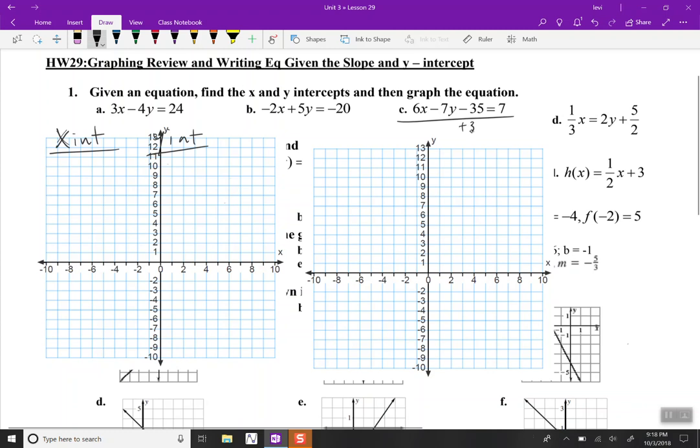Let's add 35, and so our equation is really 6x minus 7y equals 42. For our x-intercept, we'd say 6x equals 42, divide by 6, x equals 7, that's the point (7, 0).